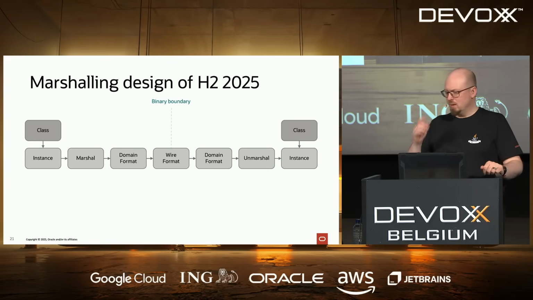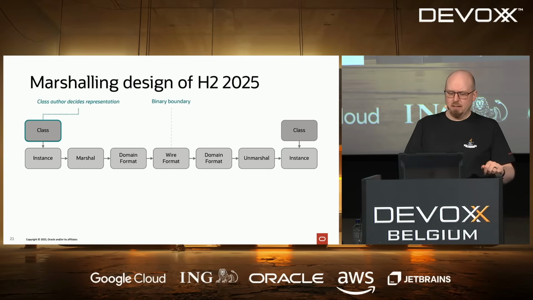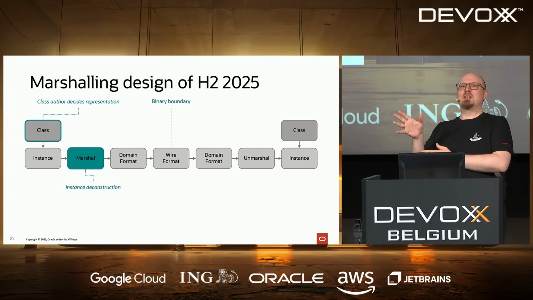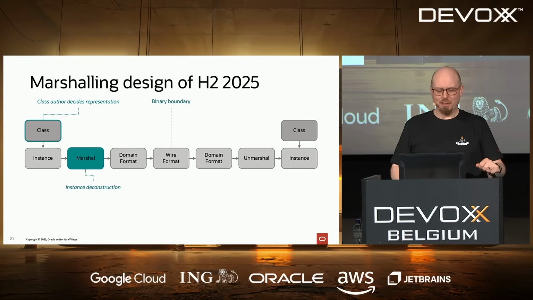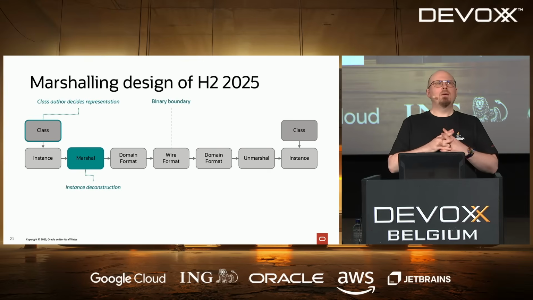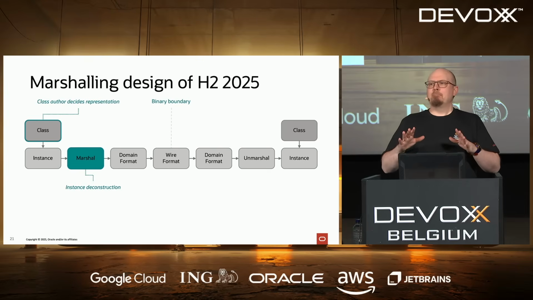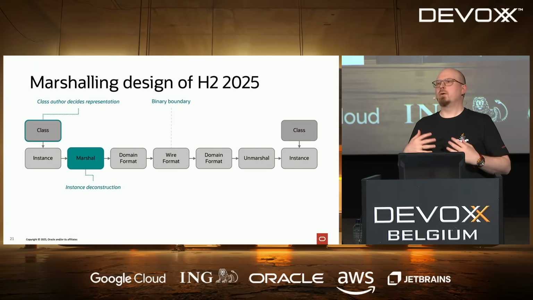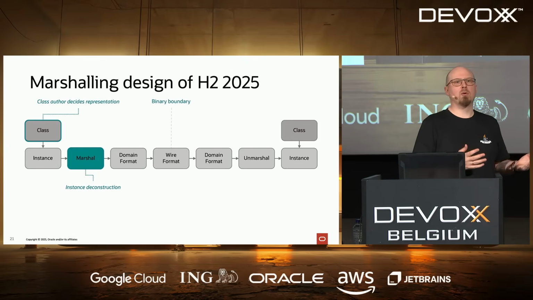So the updated design that we're looking at right now is slightly different. The class author is still in charge, and the marshalling is essentially the deconstruction and passing that into something else that transforms it, and I'll show you later. So there's a separation here. I don't know if it's a good analogy, but say you have a company and you process orders, and your order processing has an XML format.